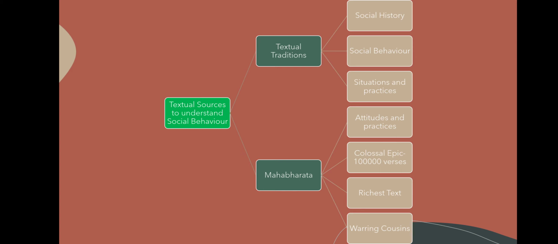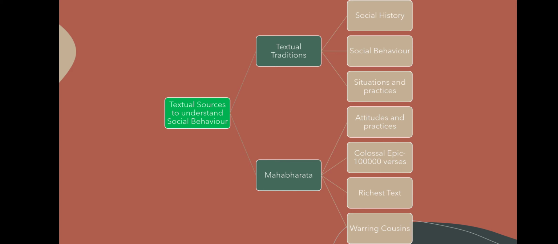When we say textual sources, we mean the sources which are in the text format, in the written format or manuscripts. So those manuscripts or texts tell about the textual traditions.